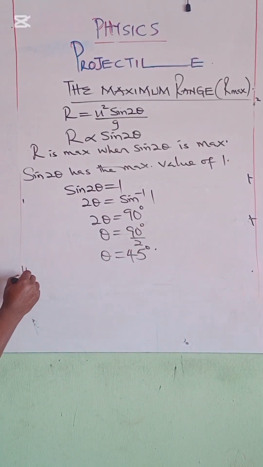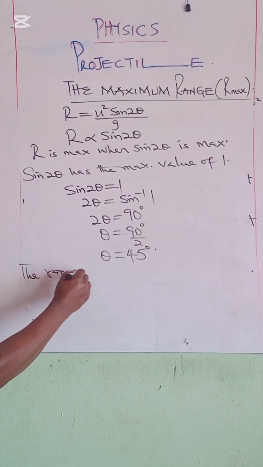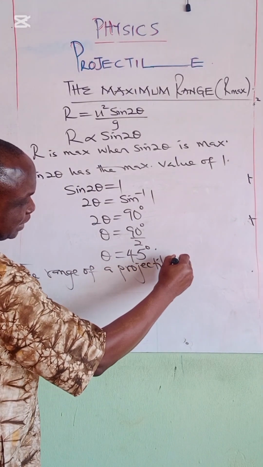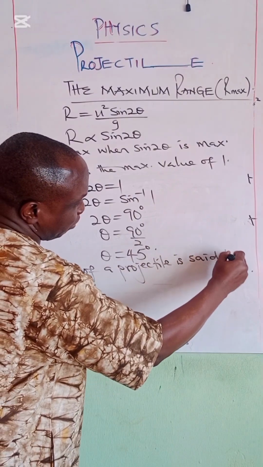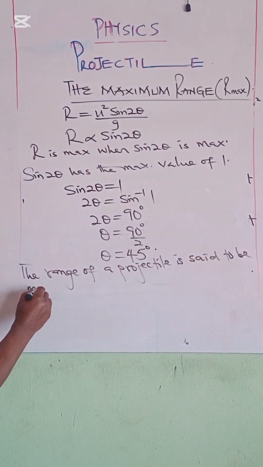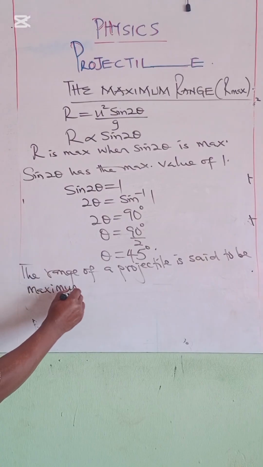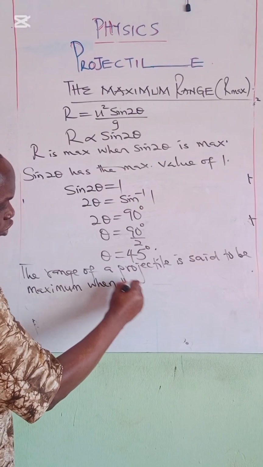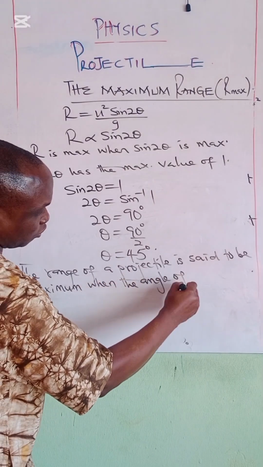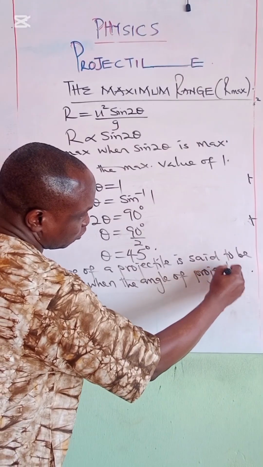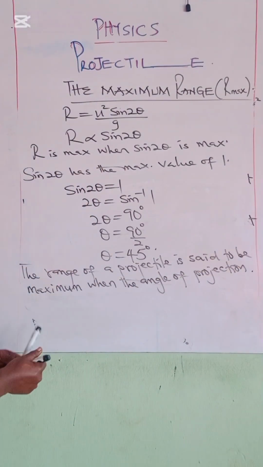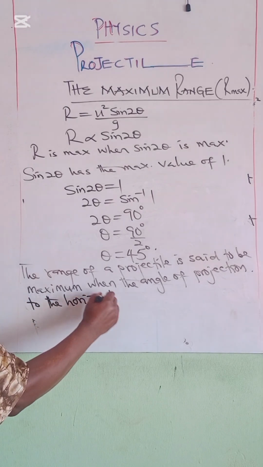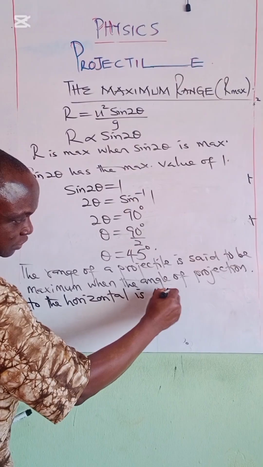So the range of a projectile is said to be maximum when the angle of projection to the horizontal is 45 degrees.